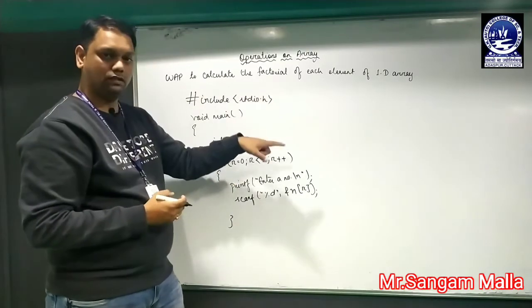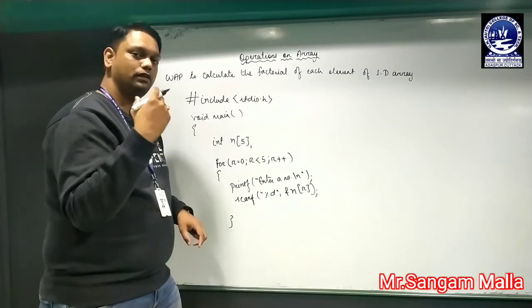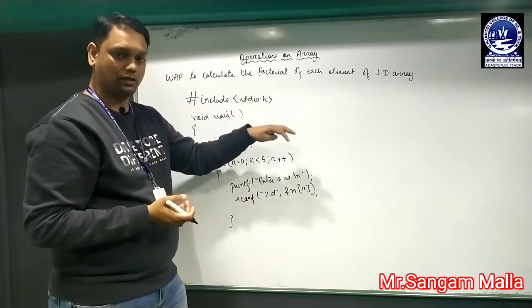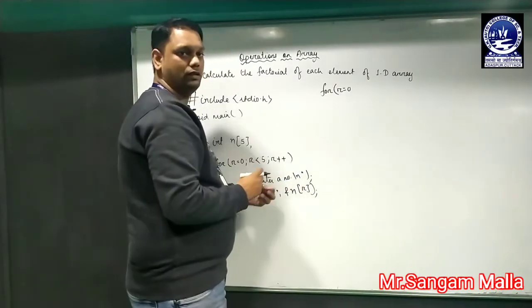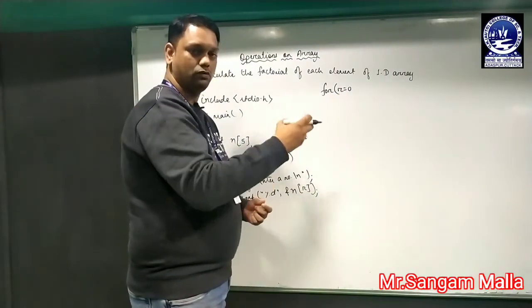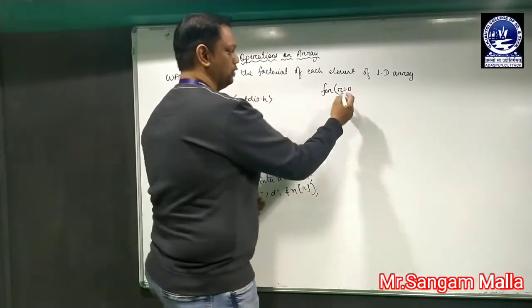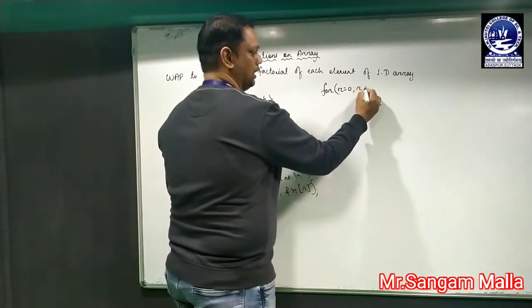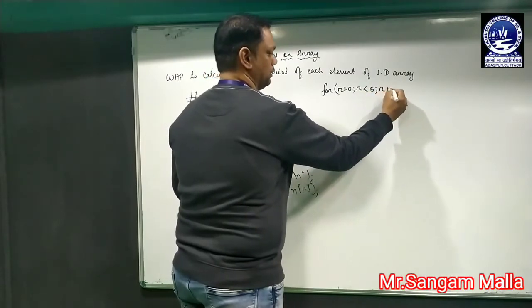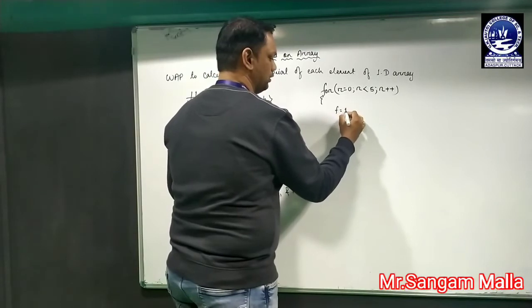Now we will take another loop to access each element, and we will have the factorial program inside that loop. So we will take another for loop to access each element of the array and calculate the factorial of each element. So let's say r equal to 0, r less than 5, r plus plus. Here I have to calculate the factorial.